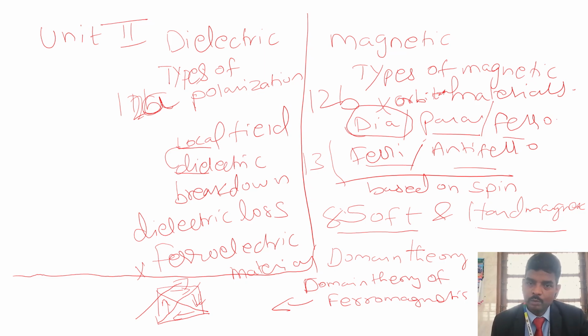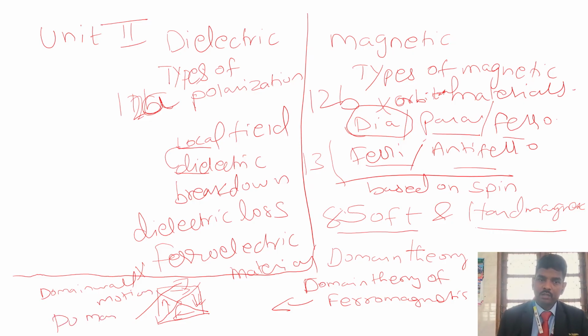That is the domain theory of ferromagnetism, where the hard domain changes its direction to easy direction, through domain wall motion and domain rotation. These two you will discuss in this.